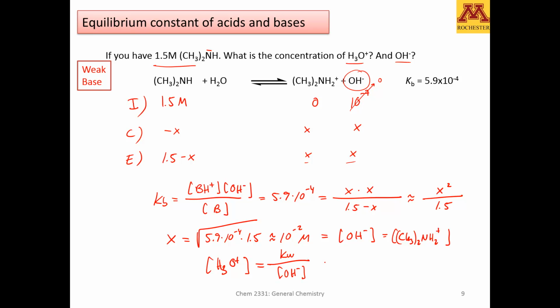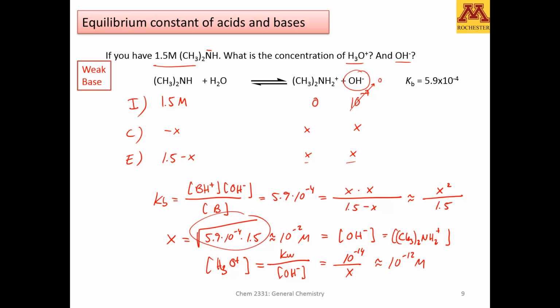So notice that Kw is 10 to the negative 14, divided by the hydroxide concentration, which is around 10 to the negative 2. At home you can use the calculator, but if this is around 10 to the negative 2, hydronium will be around 10 to the negative 12 molar.